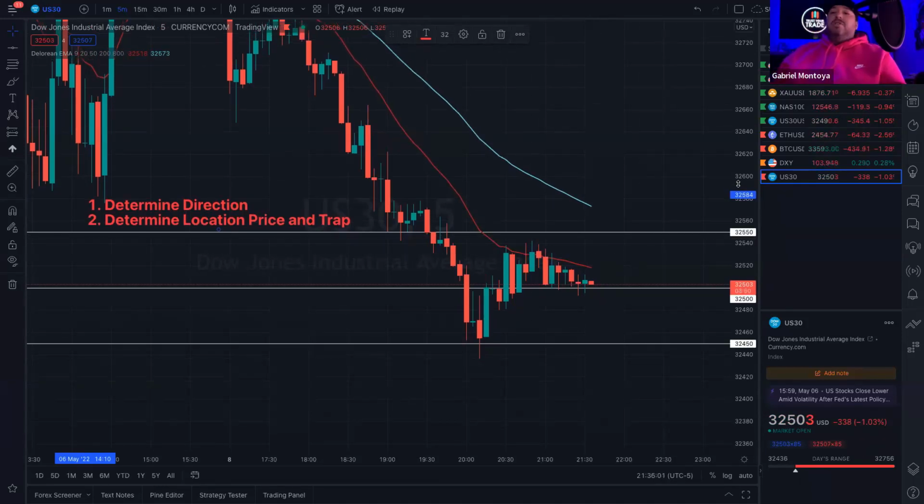What you guys see here is I use no indicators at all. There's a book called Naked Forex, and really what it talks about is the simpler you can keep your charts, the better of a trader you will be, because you're not dependent on indicators telling you what to do or where to go. You're simply looking at the chart with your naked eye, and you're able to see exactly what's going on.